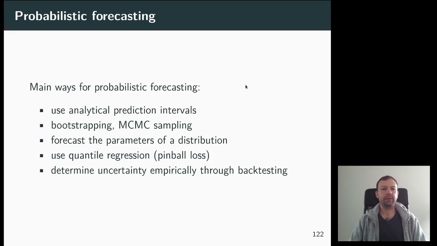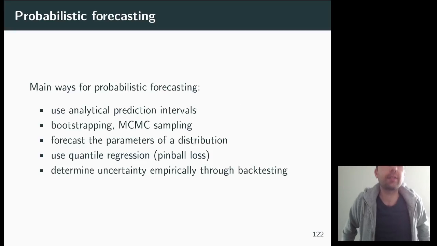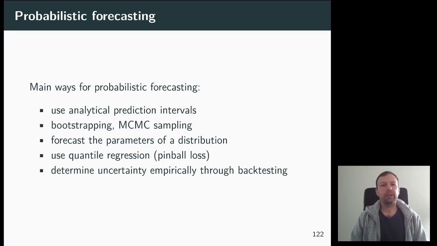So there's essentially a couple of ways. Probabilistic forecasting is a very important topic now as well, because very often you are not really interested in just getting a point forecast, but you really also want to get an idea of how much uncertainty is in your prediction. And there's a couple of different ways of getting to probabilistic forecasts.